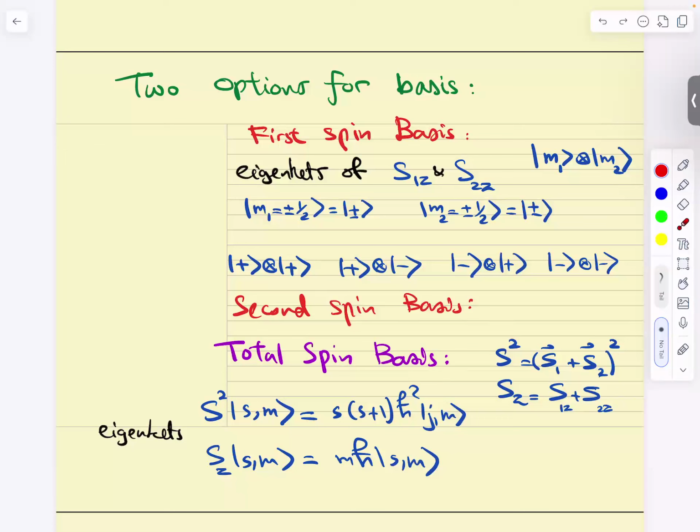You could talk about the eigenkets of these as well. These bases do not match, because S2 does not commute with these operators.